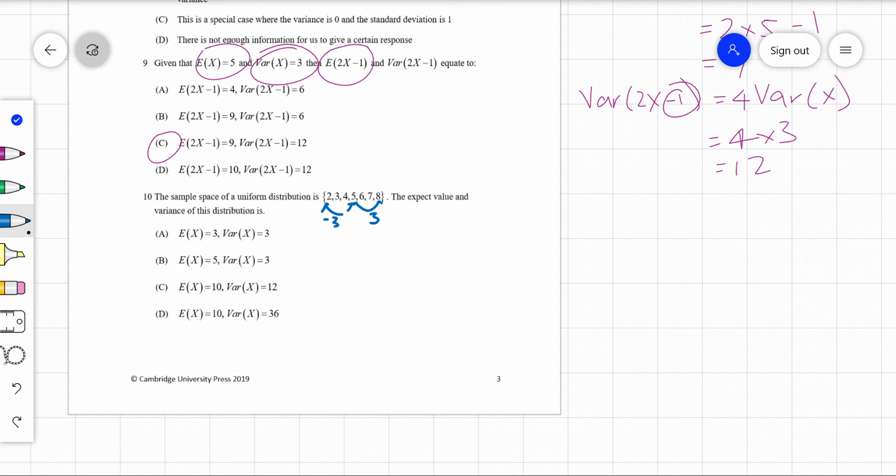So it varies by 3 each way, 3 that way and 3 that way. That's kind of why we usually have the answer as a square, because we're just talking about positive. But here we've got 3 this way, 3 this way. So anyway, the variance is 3. All right, I hope that helps.